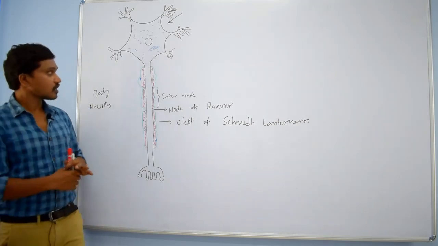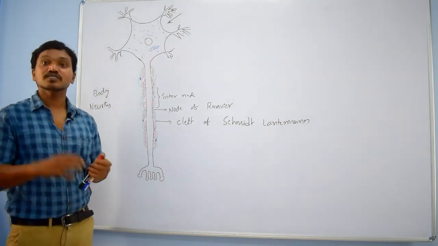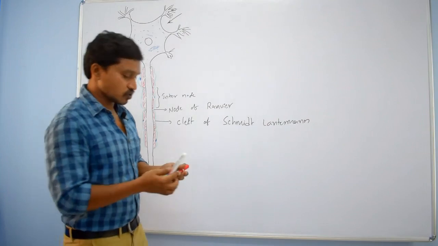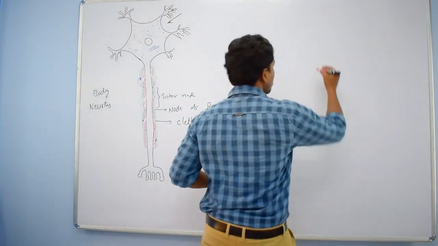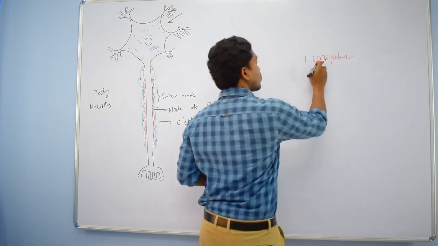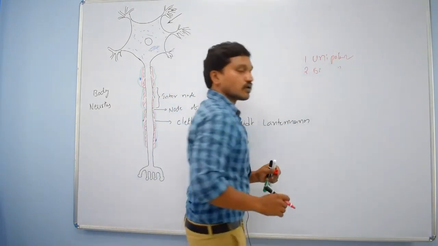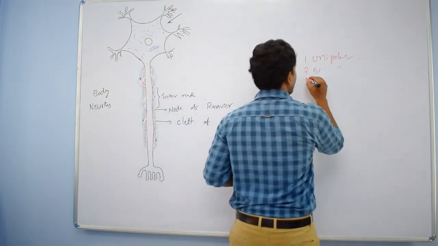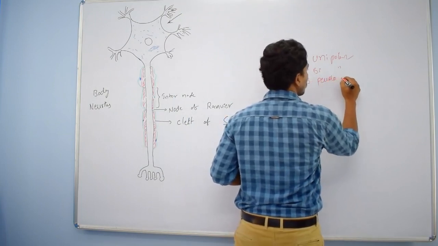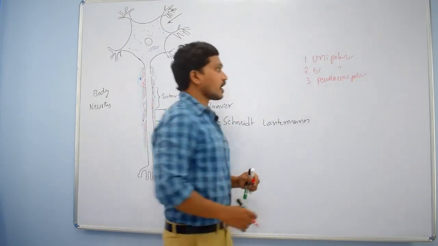First, based on the number of processes, neurons divide into unipolar cells, bipolar, pseudo-unipolar, and multipolar.